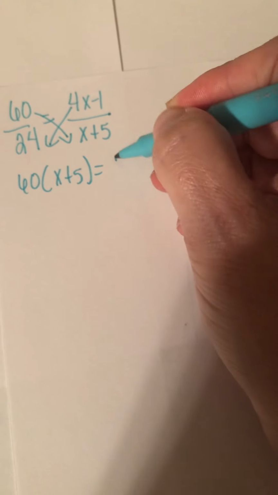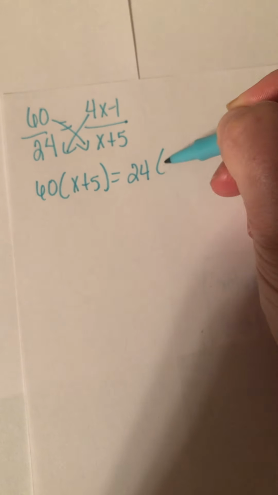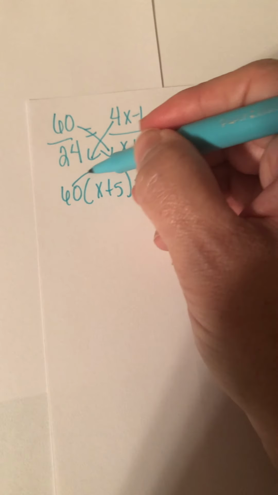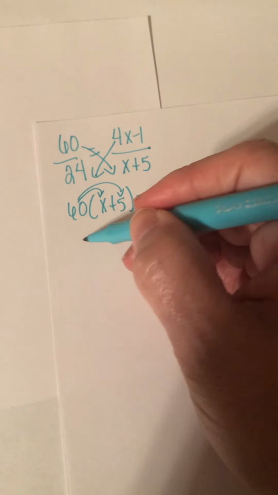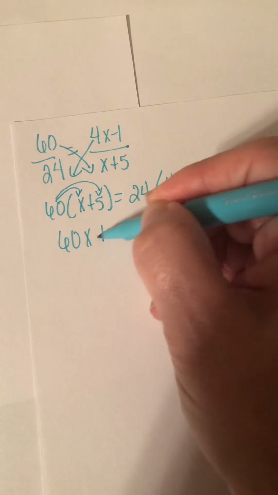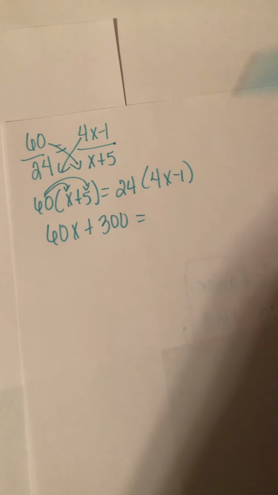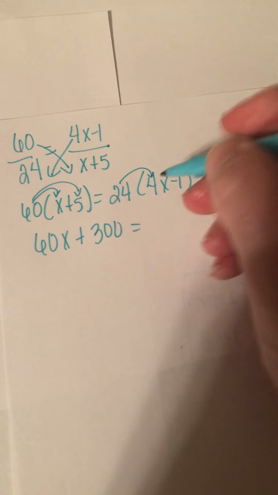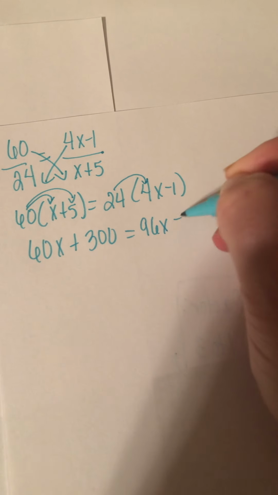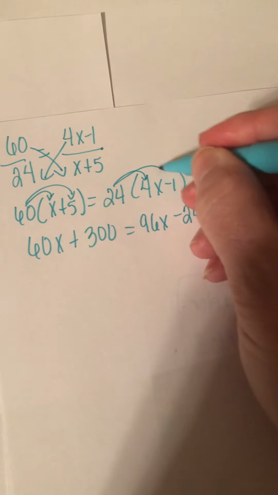Let's do our cross product. We've got 60 times x plus 5 is equal to 24 times 4x minus 1. And again, those x plus 5s and 4x minus 1s have got to be in parentheses. So let's distribute. We've got 60x plus 300 is equal to 96x minus 24.